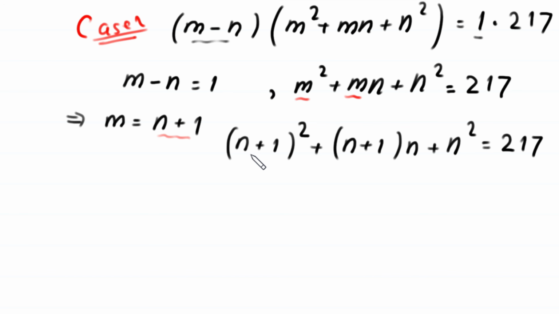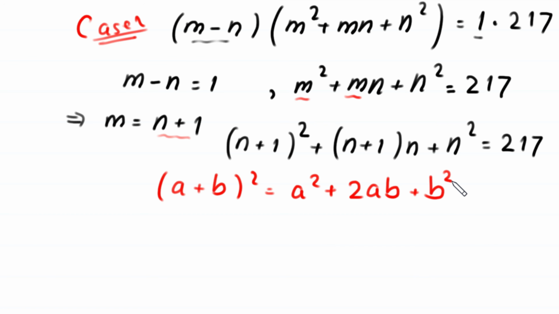equal to 217. Expand this n plus 1 whole squared using this algebraic identity: a plus b whole squared equal to a squared plus 2 times a times b plus b squared.